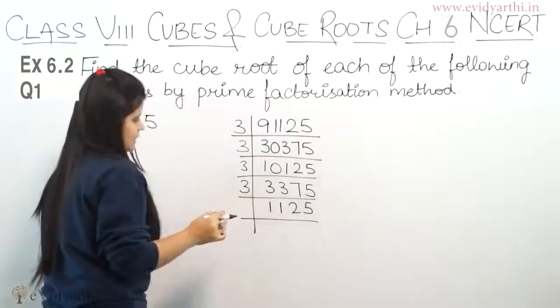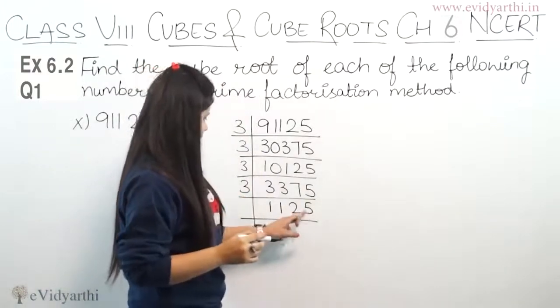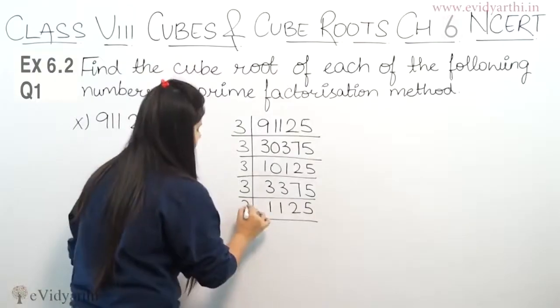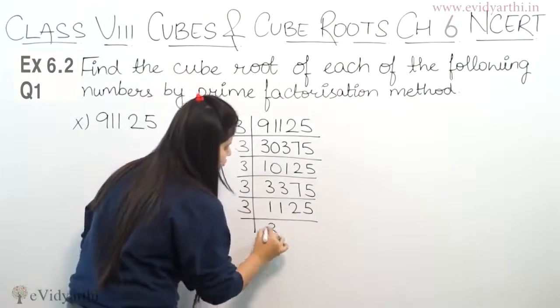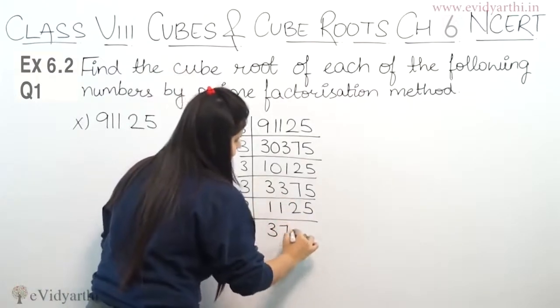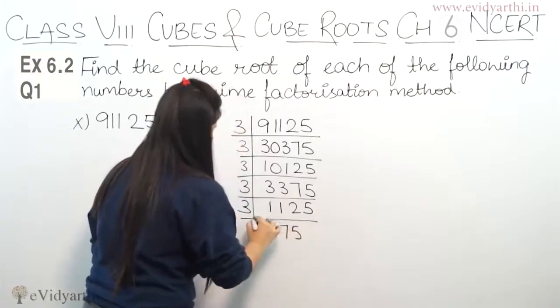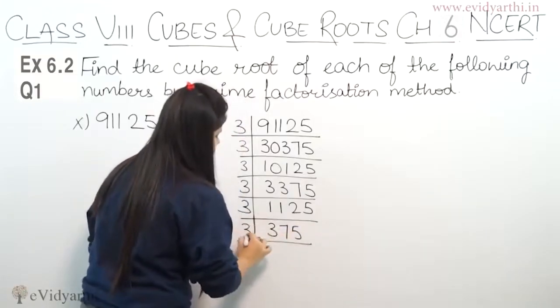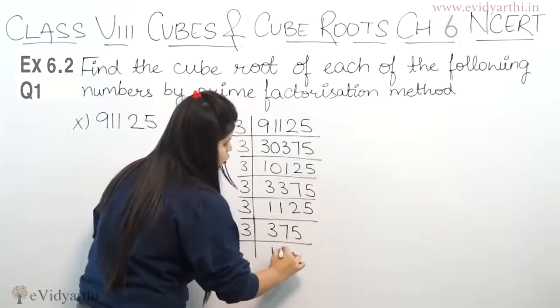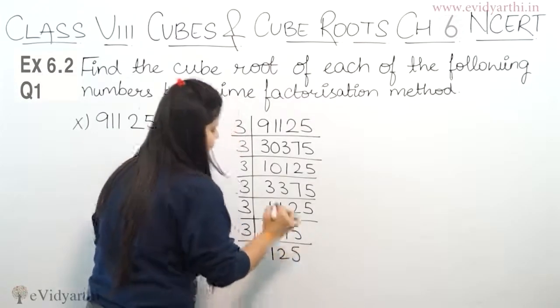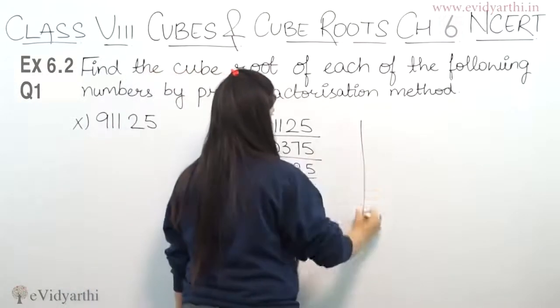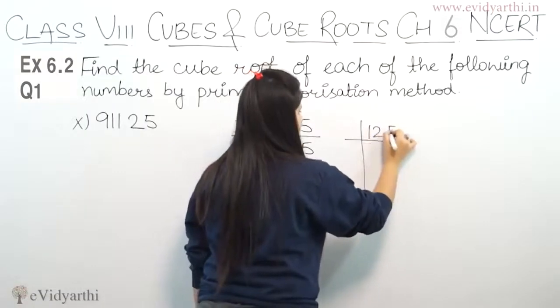Again with 3, 3s are again 3, then 7 and then 5. Again with 3, 1, 2 and 5. Now we have 125.